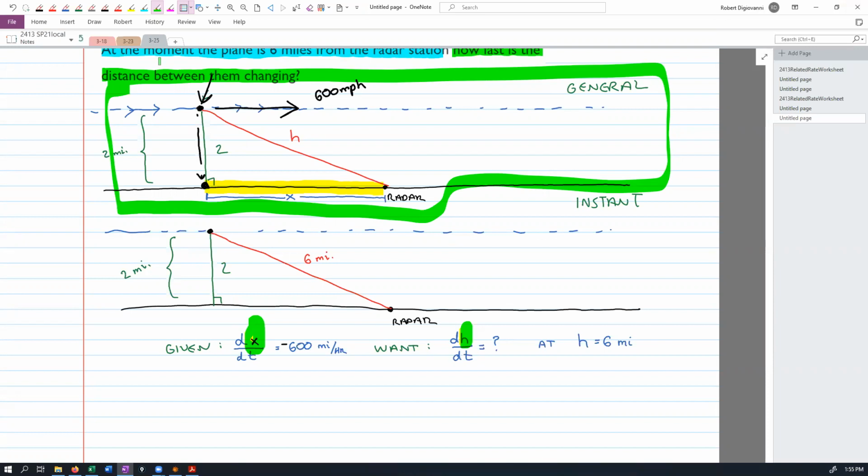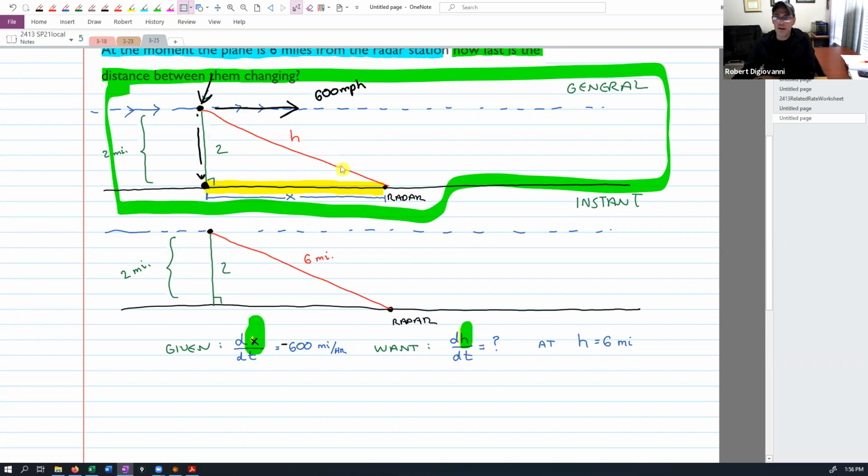So the equation I'm thinking is like the Pythagorean theorem? Exactly. We have a right triangle here, don't we? Yes. We have the equation a squared plus b squared is c squared. Yeah, we can use that. As long as it connects x and h together and it's a legitimate equation, we can use it.